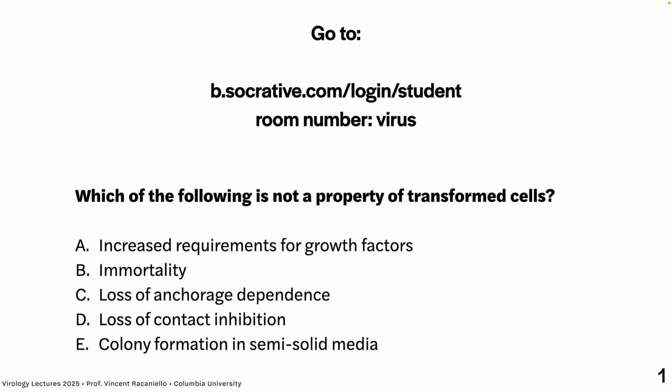But the first question is, which of the following is not a property of transformed cells? Increased requirements for growth factors, immortality, loss of anchorage dependence, loss of contact inhibition, colony formation in semi-solid media. Which is not a property of transformed cells?